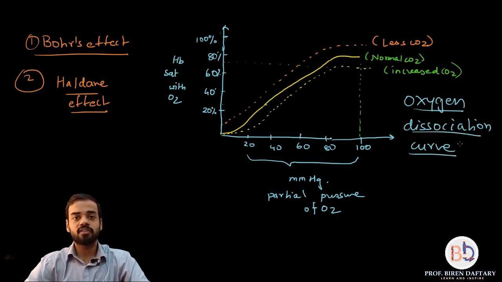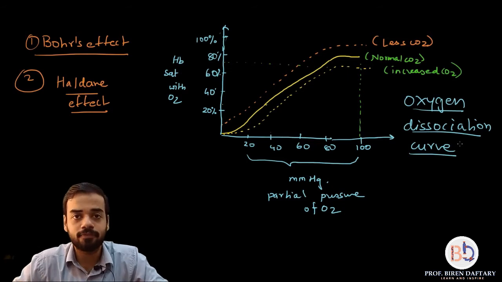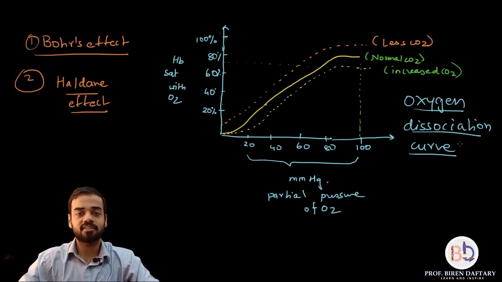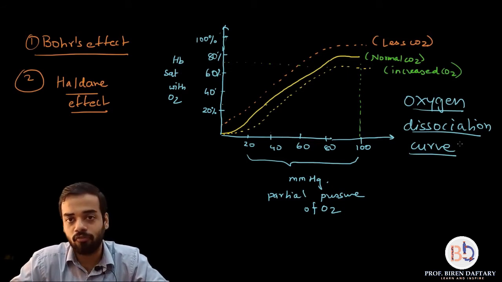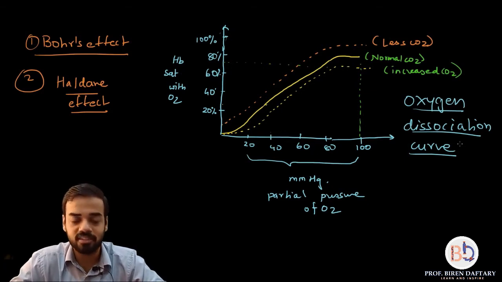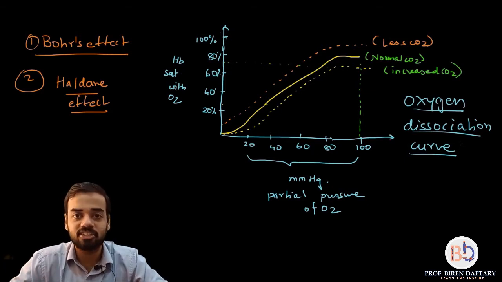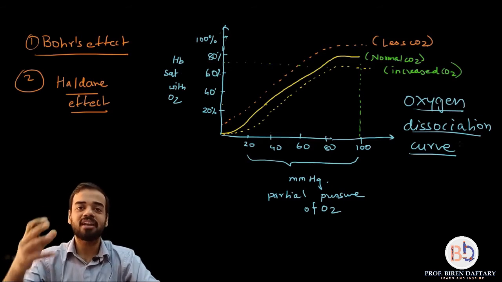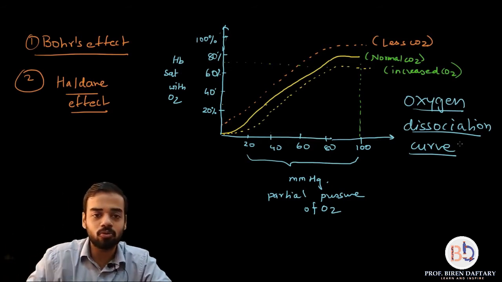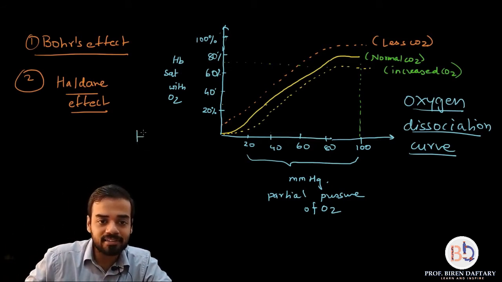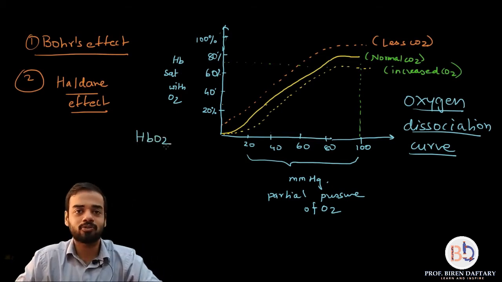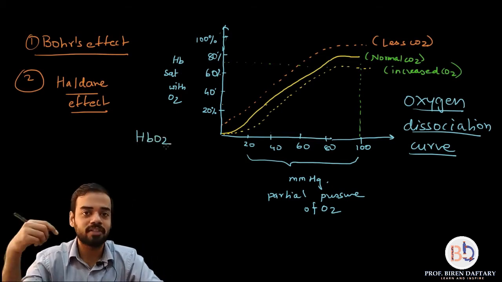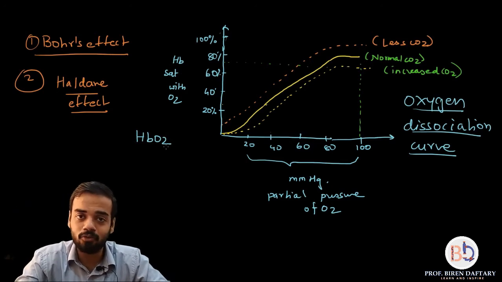Okay, so with this, friends, we complete the first part of today's lecture, that is transport of oxygen. Please remember, oxyhemoglobin is Hb4O2. However, while writing, Hb4O2 is normally written as HbO2. So don't think, oh, why have those people not written 4O2.